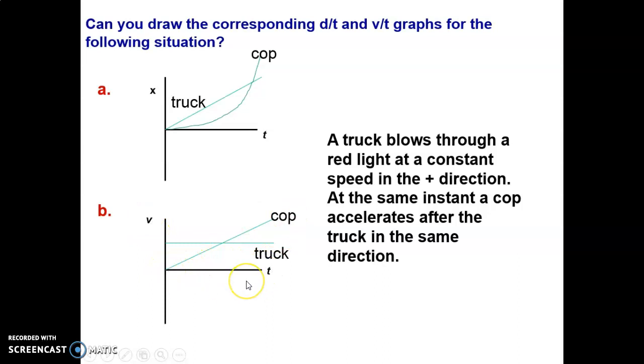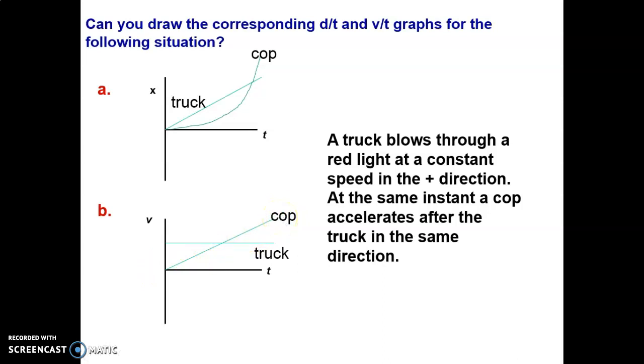You know how cops are. They're kind of sitting behind some shrubs or something just waiting to catch you. And the cop car has to accelerate to catch up to the truck. But it's constant, which means that this cop line is going to be a positive slope and it's going to be a straight line.